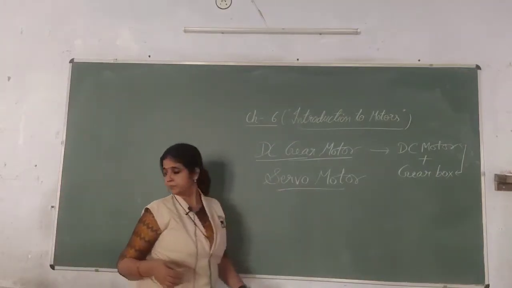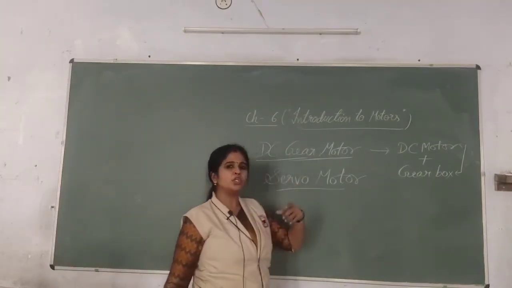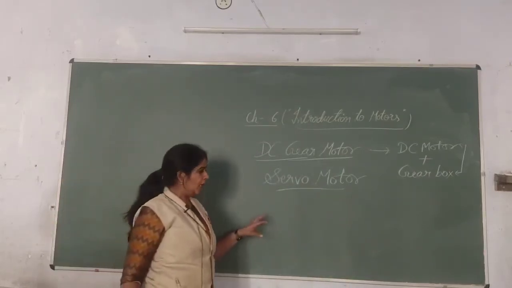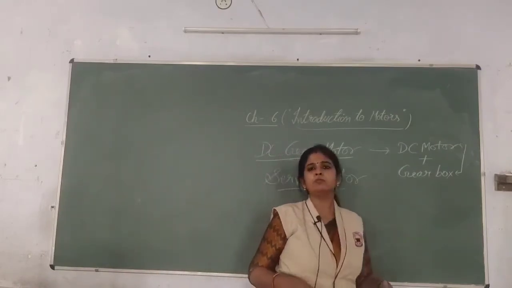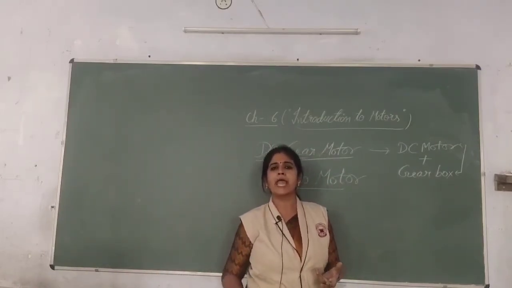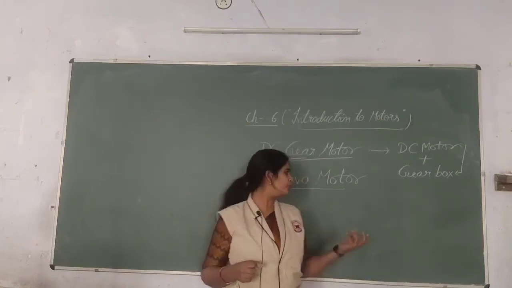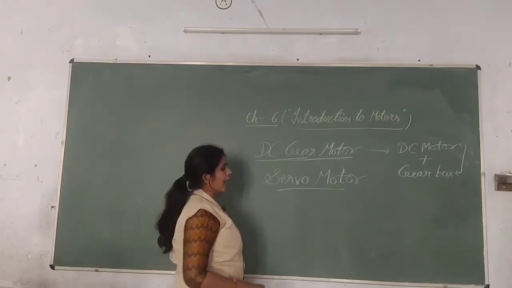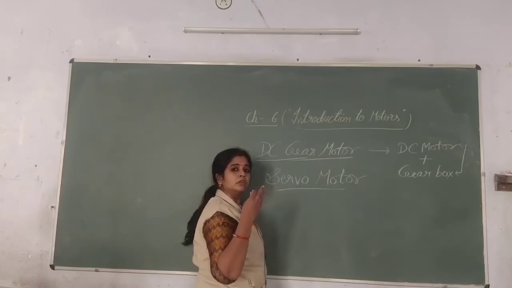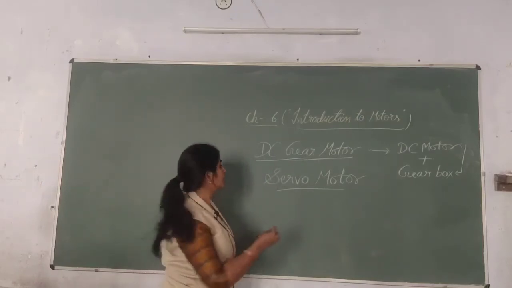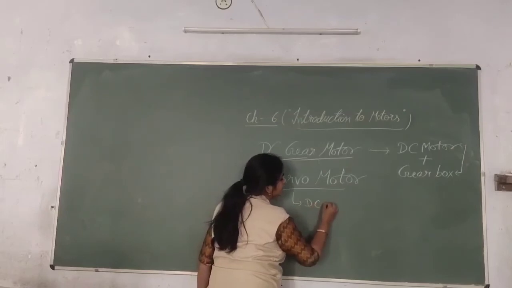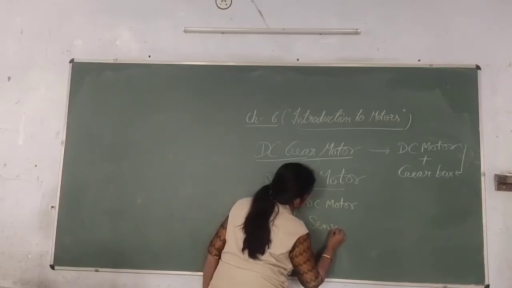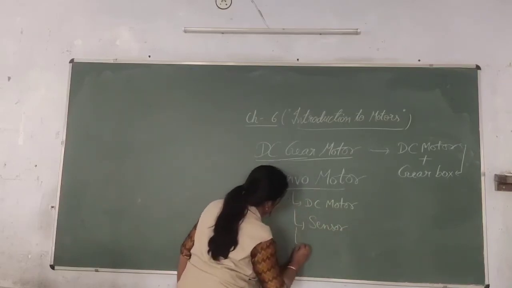Now servo motor. This type of motor can push or rotate any object with great precision. If we want to rotate any object or we want to change the angle of any object, we have to use this type of motor in our robots or our toys. Servo motor has 4 components. First is DC motor, second is sensor, or you can say sensing device.